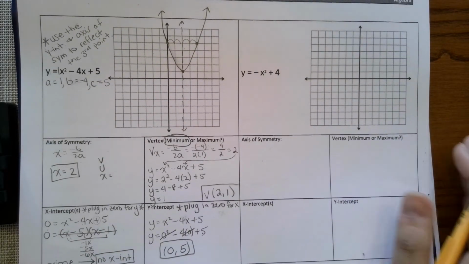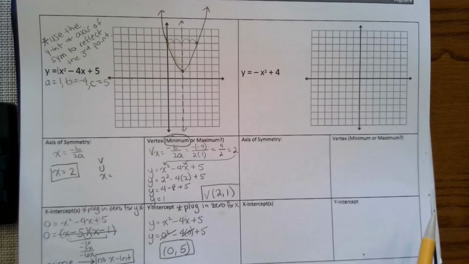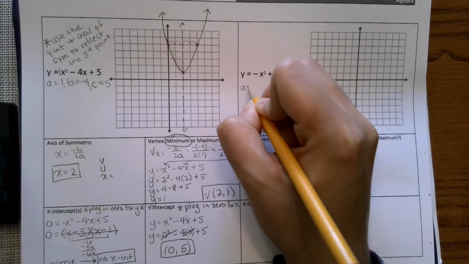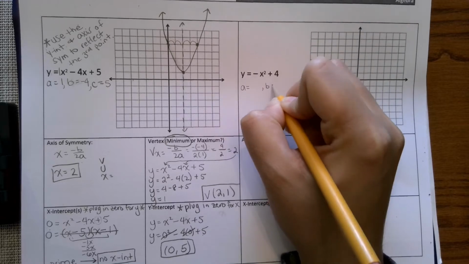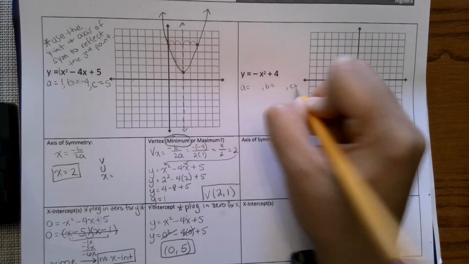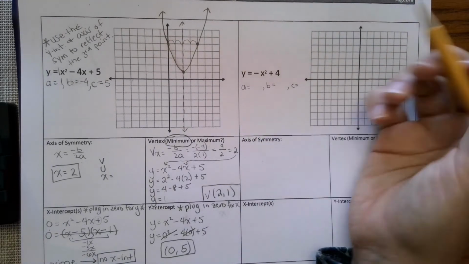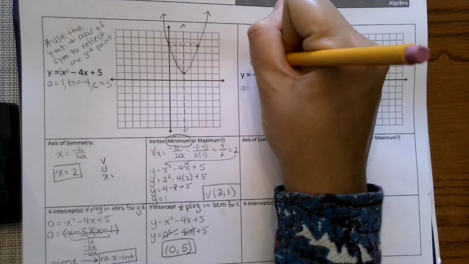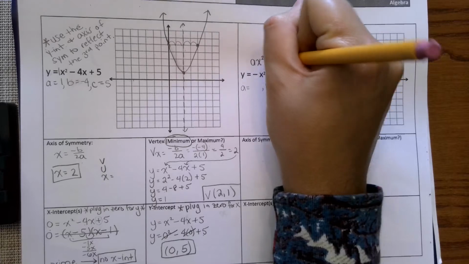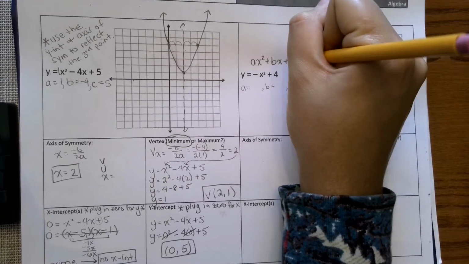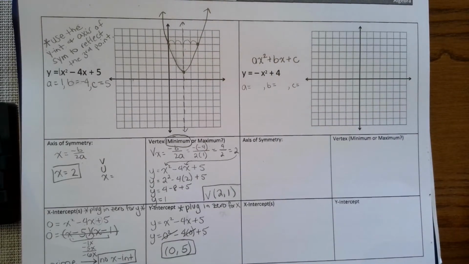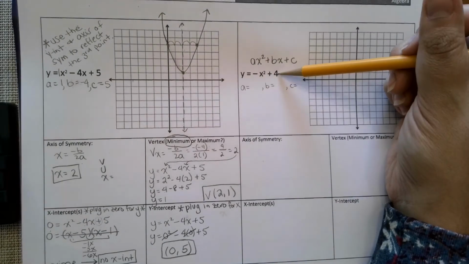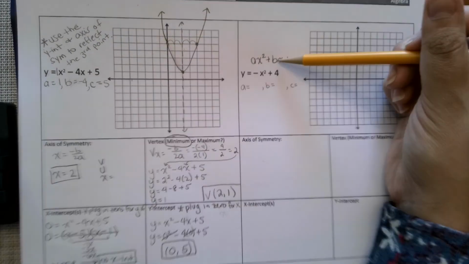All right, so looking at this example here, again, same thing. I like to start off by writing out what's A, what's B, and what's C. Now, to jog your memory, your quadratic in standard form is ax squared plus bx plus c. A lot of students get confused here. Some of them assume that the second term is automatically b.